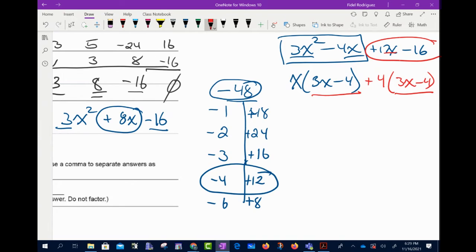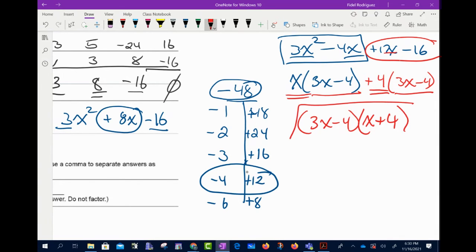Now, if those pieces match up, y'all, that means that we did this right. So they match up, we're doing this right. This is a 3x minus 4, and then these two together give me my second factor, x plus 4, okay? So all I'm going to do now, this is a 4, looks like kind of like a y, but it's supposed to be a 4.